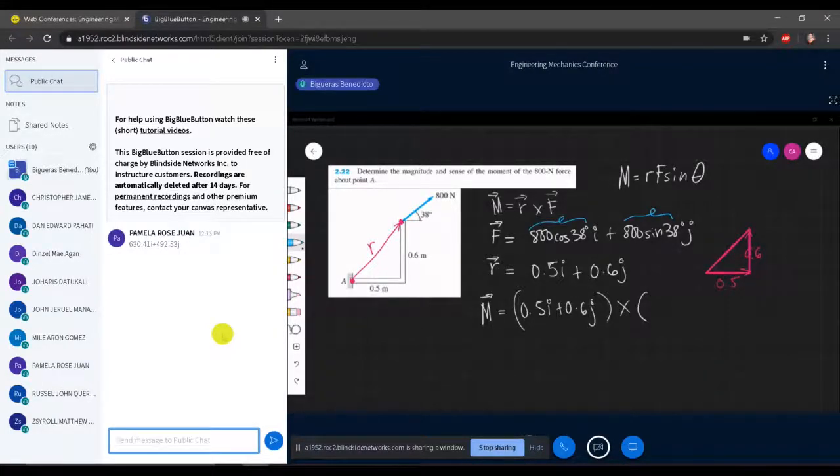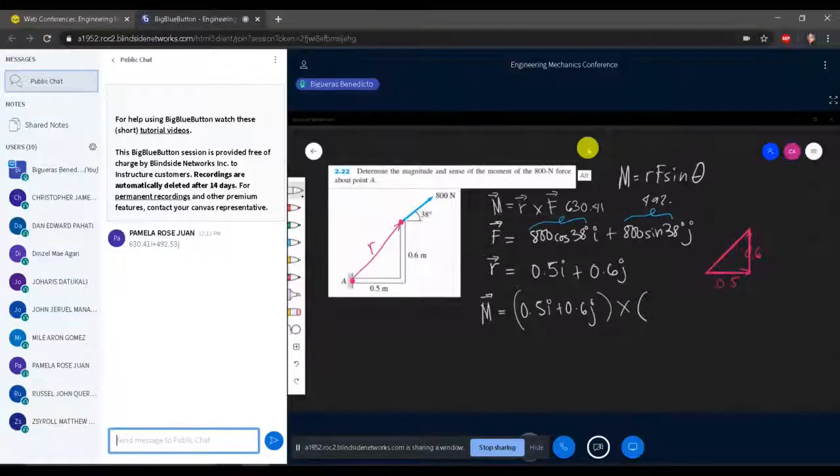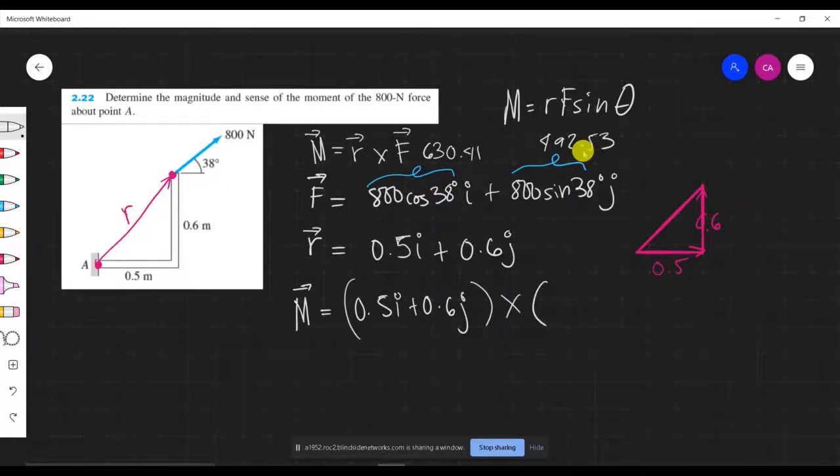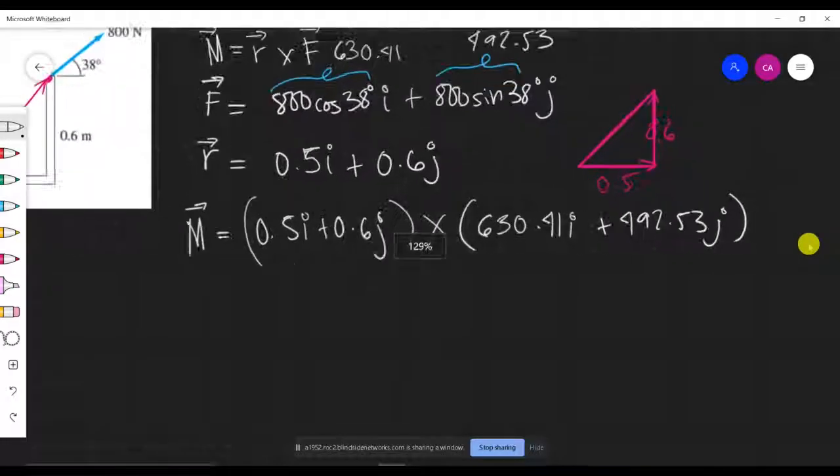Ayun, 630.41, and the other one is 492.53. So 630.41 I plus 492.53 J.